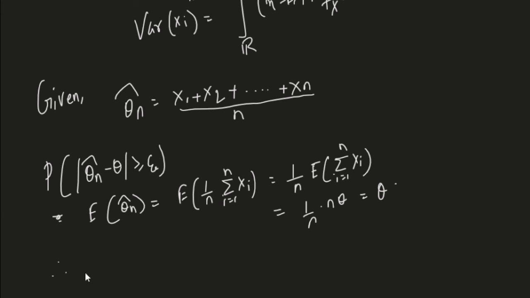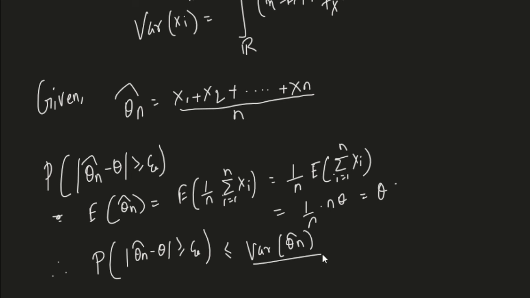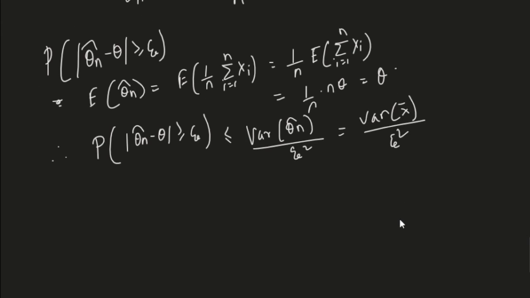Therefore using Chebyshev's inequality we have it less than or equal to variance of theta n by epsilon square. And now variance of theta n is basically variance of x bar by epsilon square. Now what is variance of x bar?